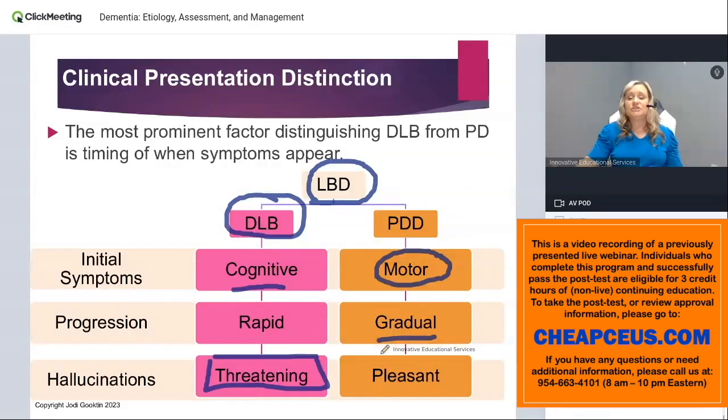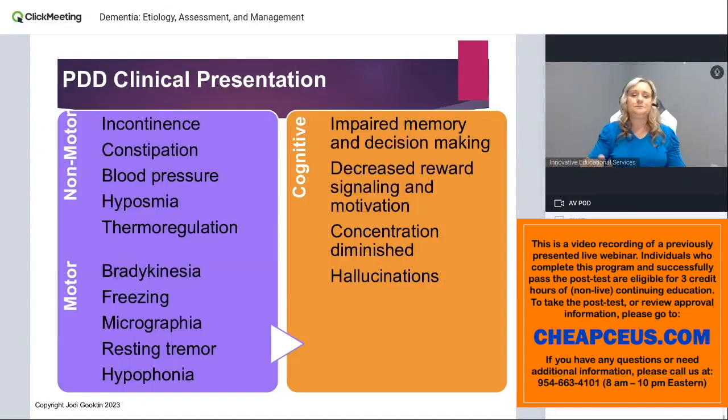And the hallucinations for an individual with Parkinson's disease tend to be more pleasant. It's family members, it's less common. It's in the later disease process when the individual presents with those hallucinations. And the disease usually progresses over a period of 10 to 15 years before that cognitive impairment is evident.